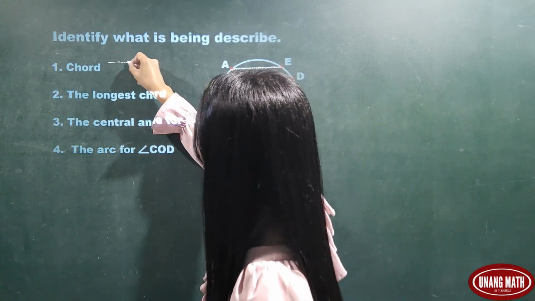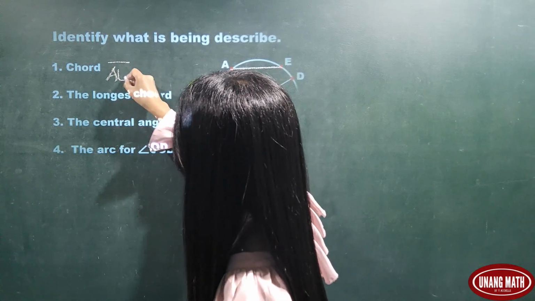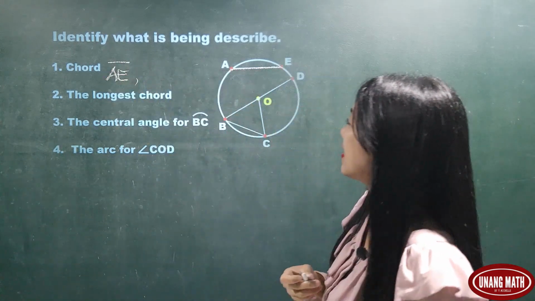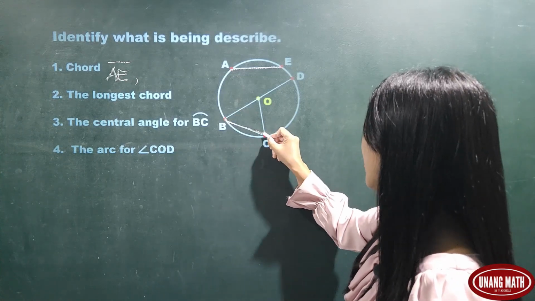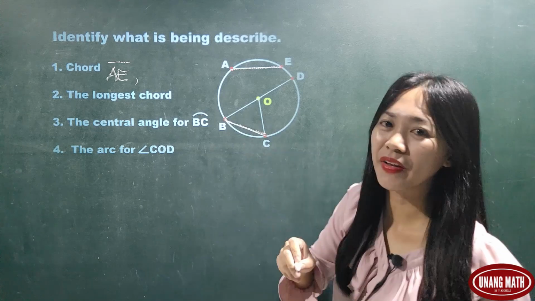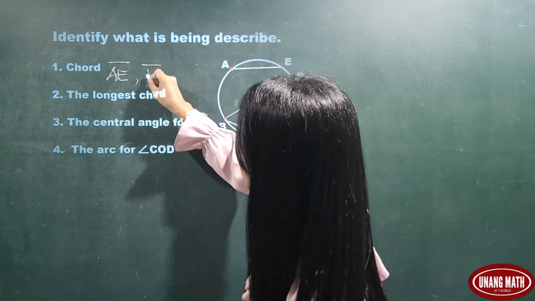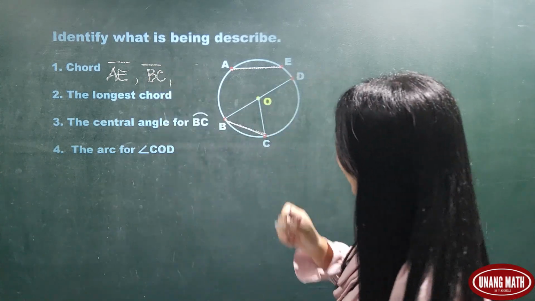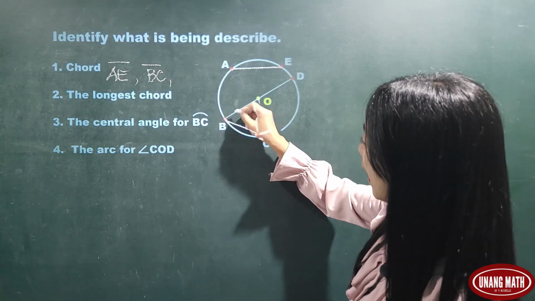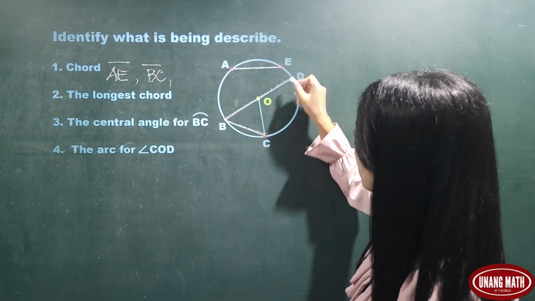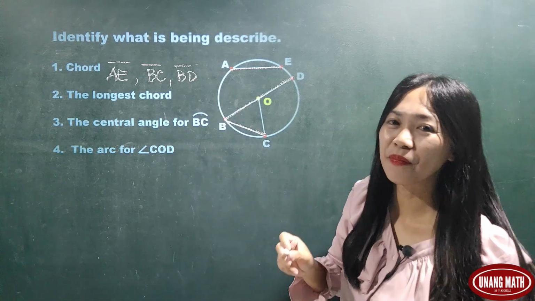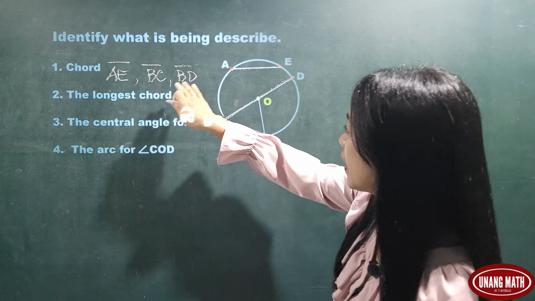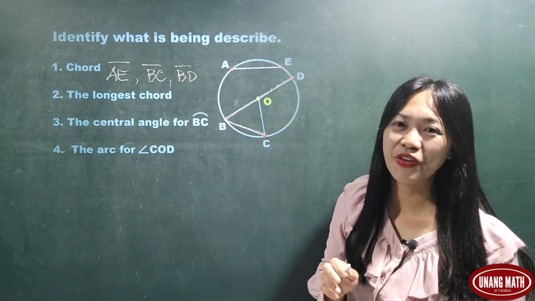So we can write here line segment AE or chord AE. Okay, what else? Line segment BC is also a chord. And lastly, we also have line segment BD or chord BD. So we have 3 chords in this figure.